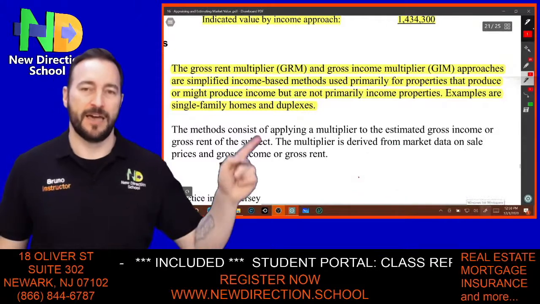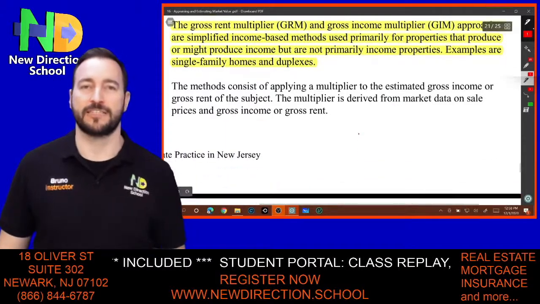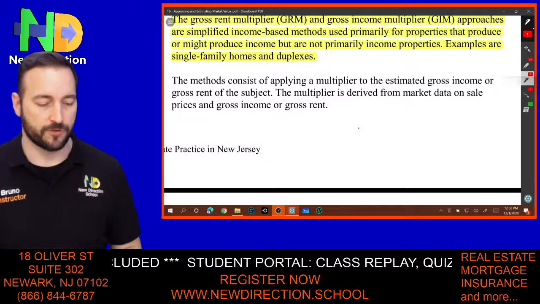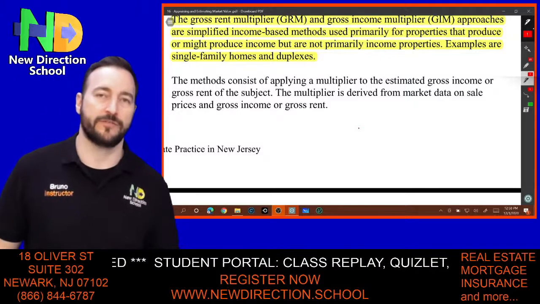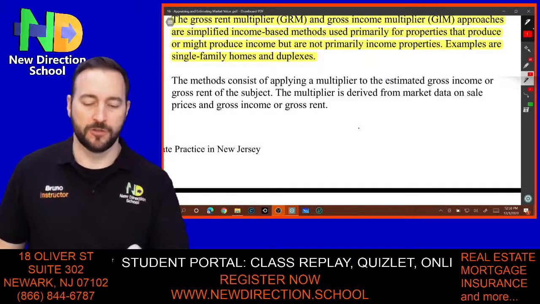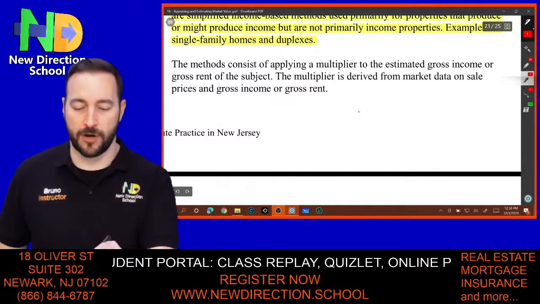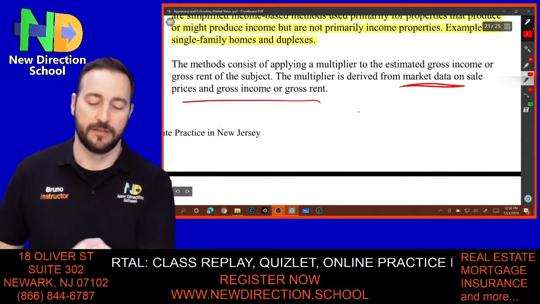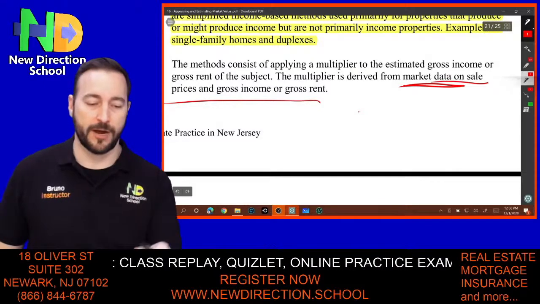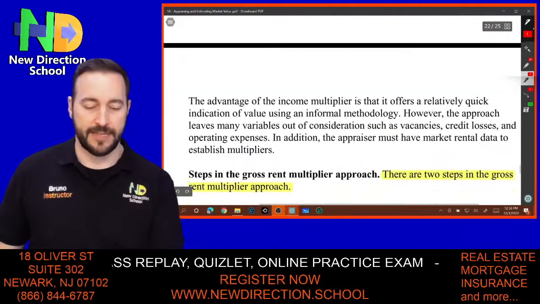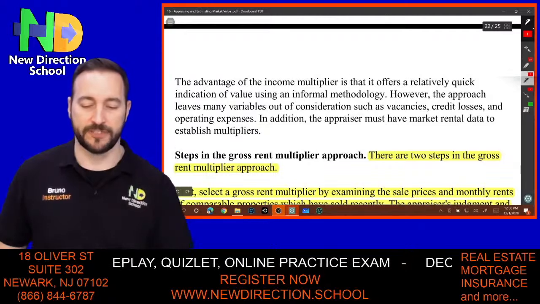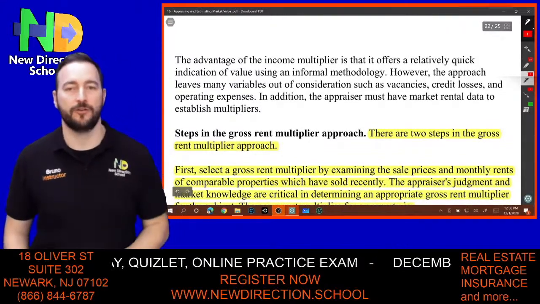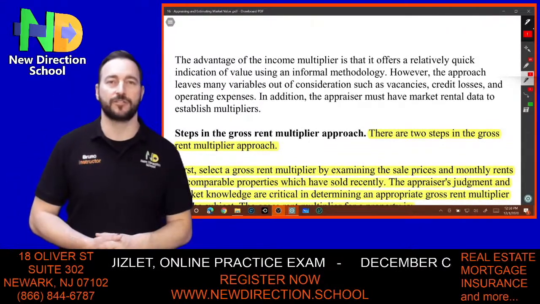The method consists of applying a multiplier to the estimated gross income or gross rent of the subject property. The multiplier is derived from market data on the sales prices and the gross rent of those particular properties. The advantage of the income multiplier is that it offers a relatively quick indication of value using an informal methodology.